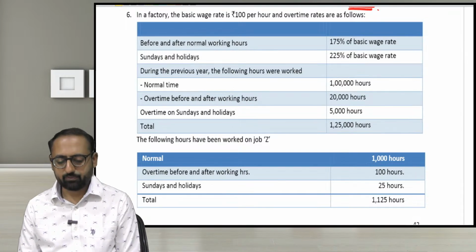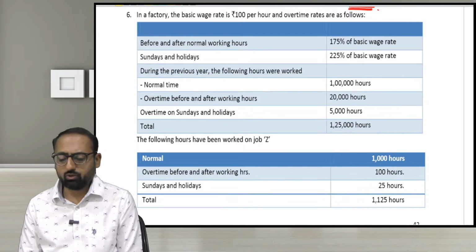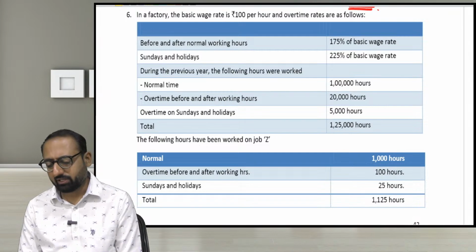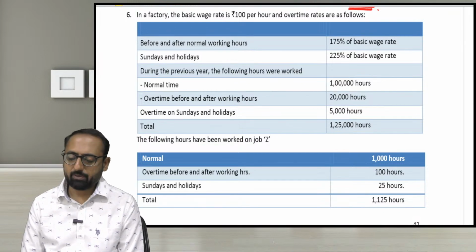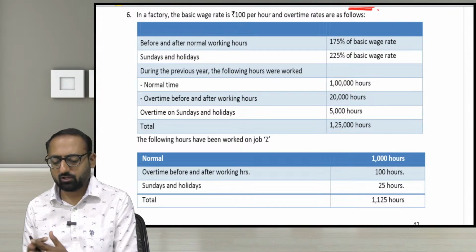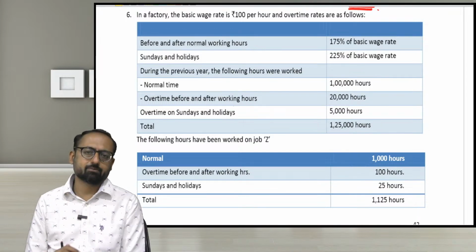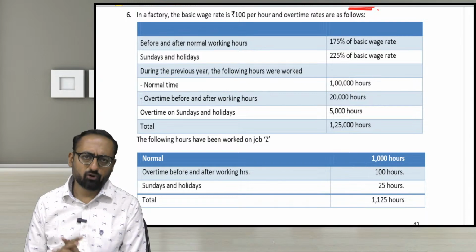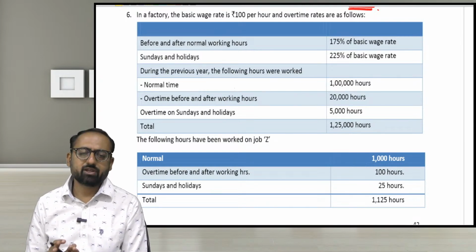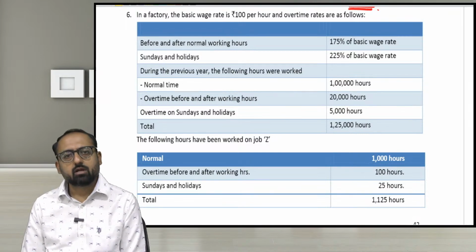Question number 6. In a factory, the basic wage rate is 100 rupees per hour and overtime rates are as follows. Before and after normal working hours, 175% of basic wage rate. Say for example, your shift is from 10 to 6.